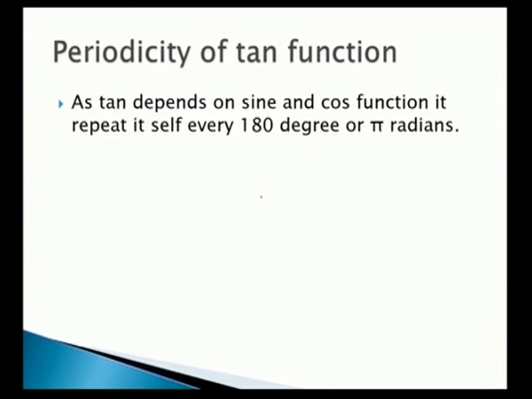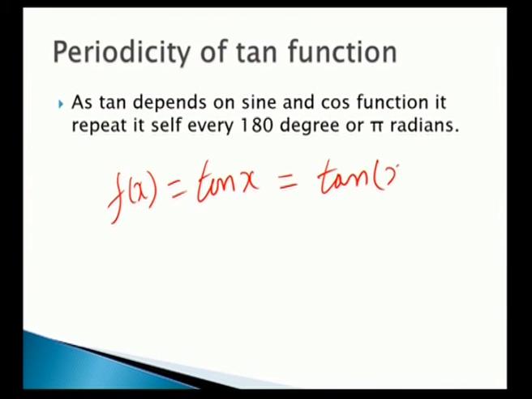This can be represented equationally: if f of x is assumed as a tan function, then the periodicity of this tan function is defined as tan of x plus pi, or in general it can be written as tan of x plus n pi. So, this is how periodicity of tan function can be defined and explained.